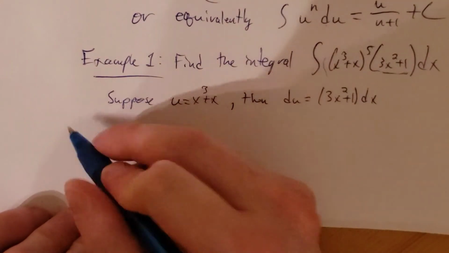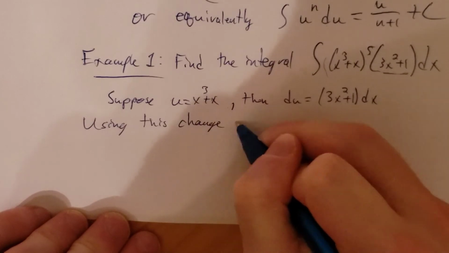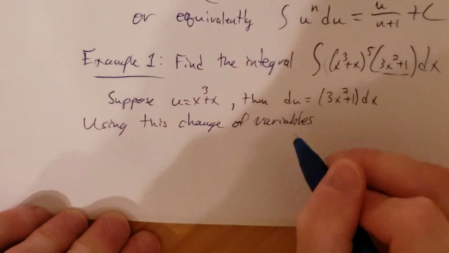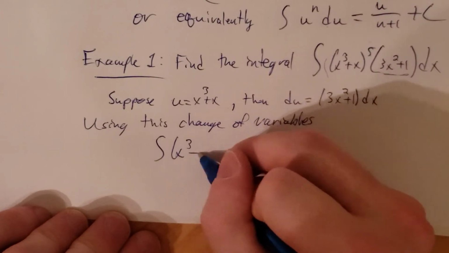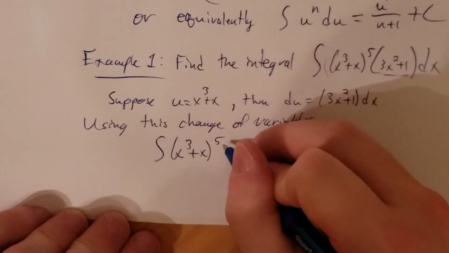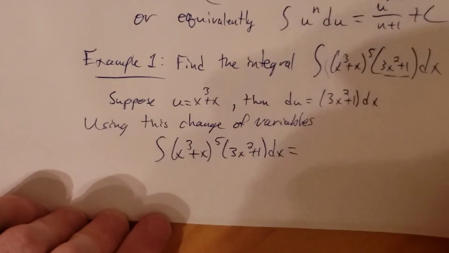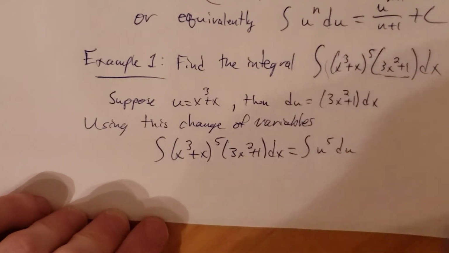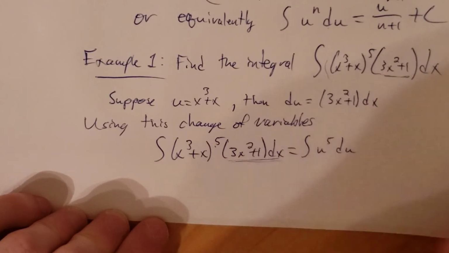And so, using this change of variables, we get the integral of x cubed plus x to the fifth, 3x squared plus 1 dx is all equal to the integral of u to the fifth du. This was u raised to the fifth, and this part out here we substituted in du for that.